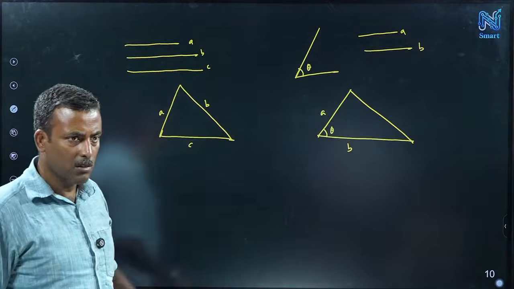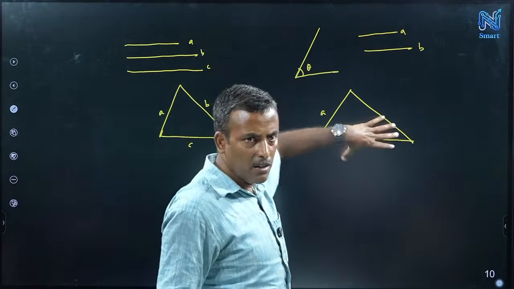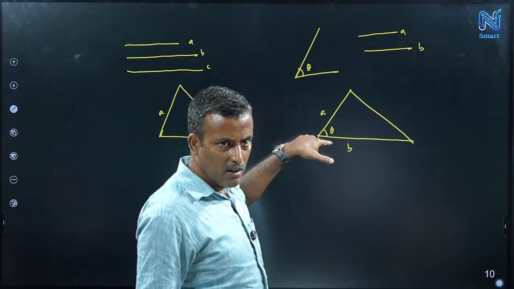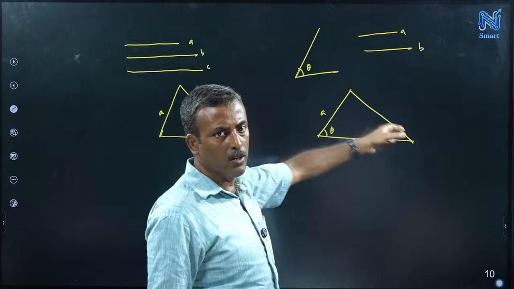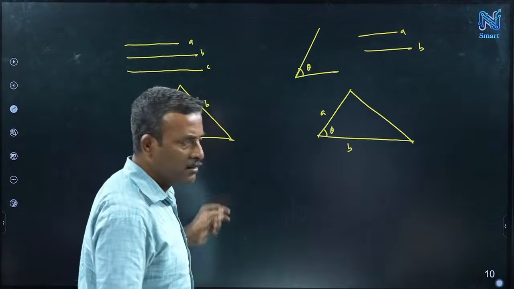How do you construct this? Same thing: we draw a line and cut this B length here, then draw the same angle. You know how to replicate this angle somewhere, and then cut up to A, then join this, right? That you know is actually side angle side.